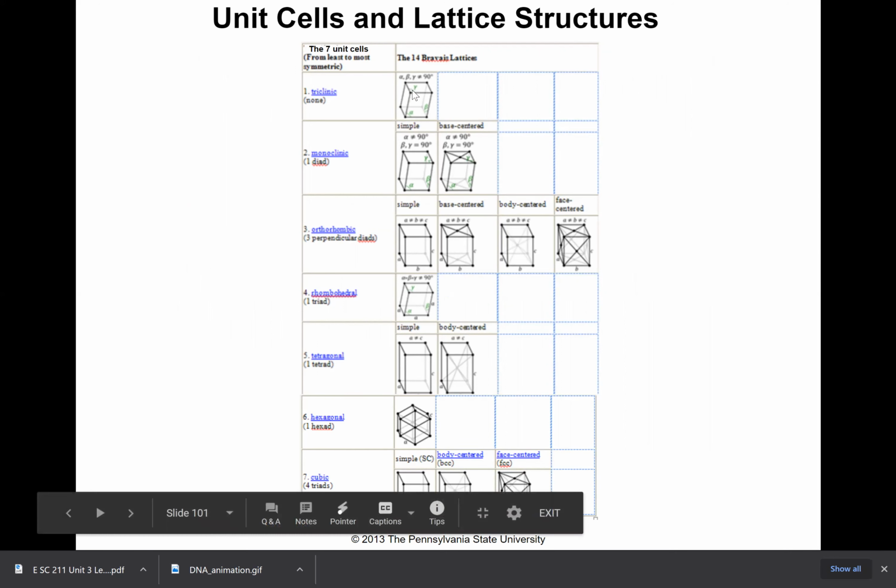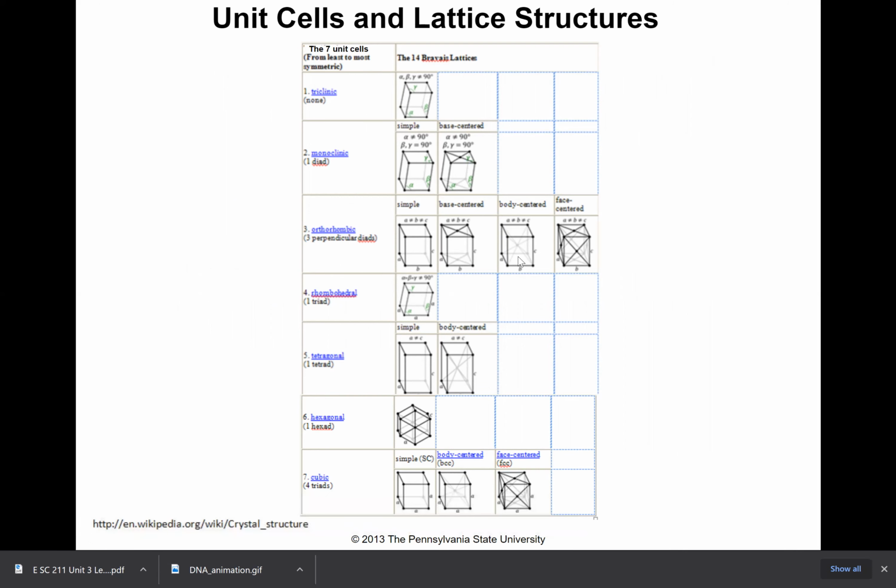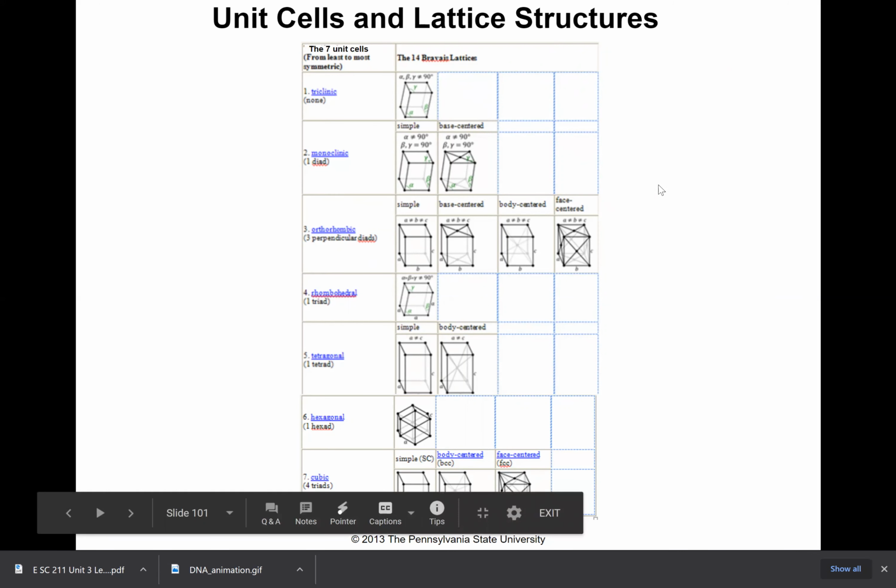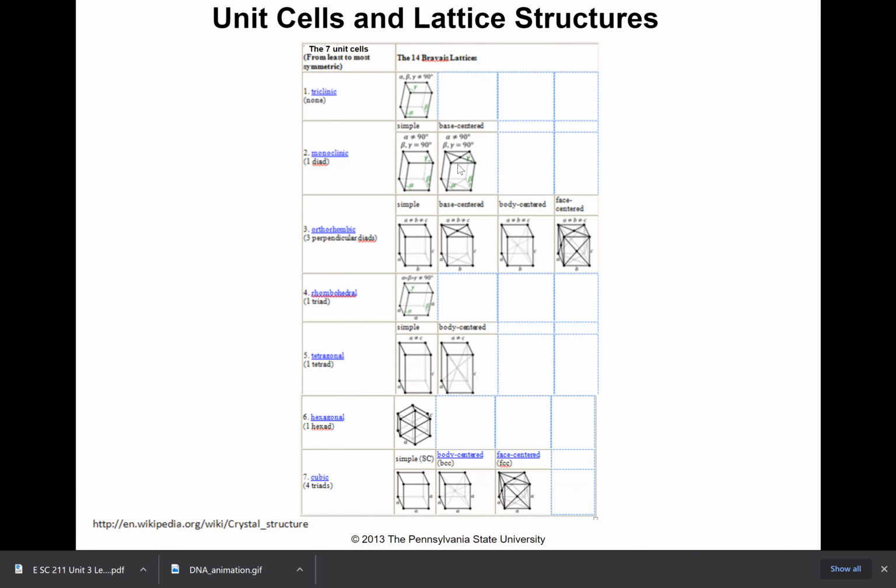So these boxy things here are each unit cells, right? And of different lattice structures, just to give an example. Let's look at these two, monoclinic, right?